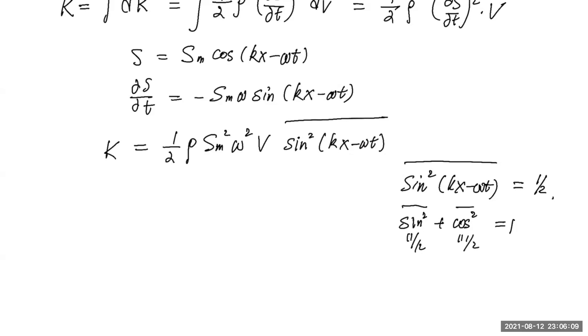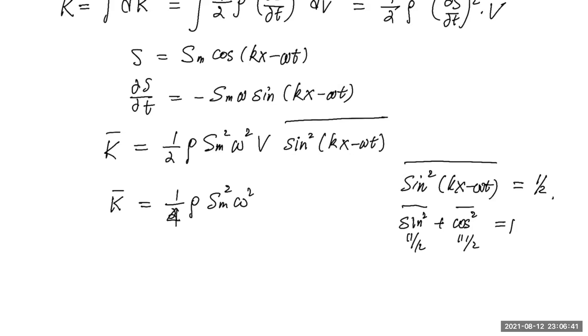If you don't believe me, just look at what the textbook does. It actually finished its integral and got that result of 1/2. So it is not necessary for us. So this average value of the sine squared function equals 1/2. Therefore, what we're actually getting is K average. If I plug in the value of 1/2, that is 1/2 rho times the amplitude of displacement squared, omega squared, and then times another 1/2, so it actually becomes 1/4.